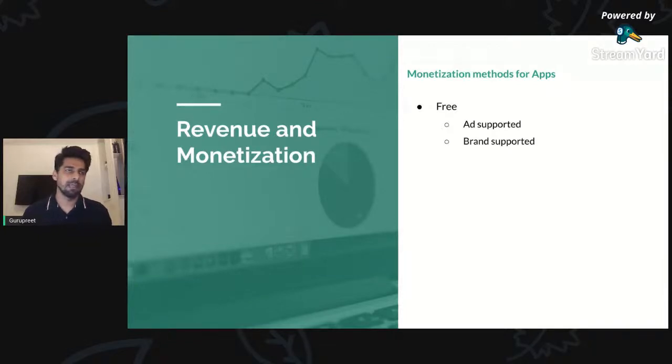It's easy to increase downloads in this model, and the only revenue generation you do is either purely ad supported or brand supported, like some brand is supporting you to host this app, or you use advertisements like banner ads, the big ad, or some games and apps even use a full 30-second or 1-minute video ad which you have to watch to go to the next level. So ads are one of the main ways that many applications do monetization.